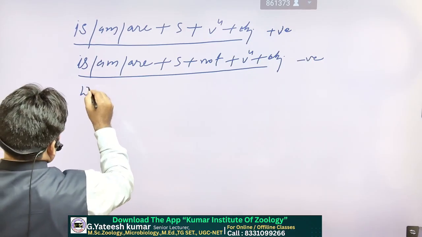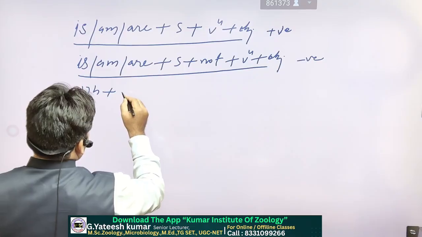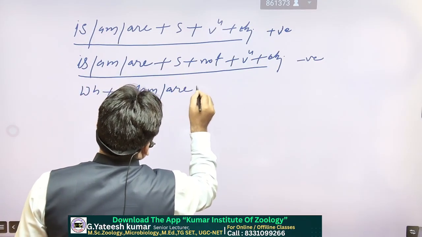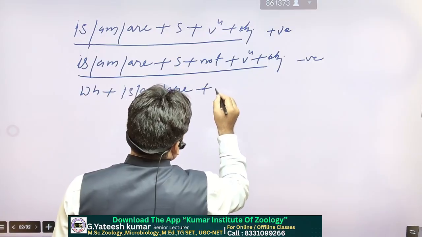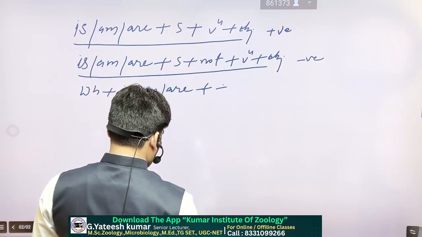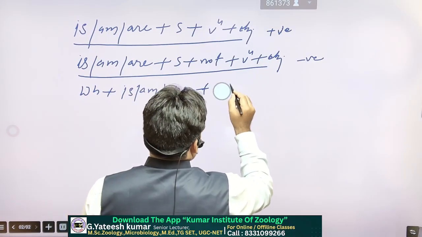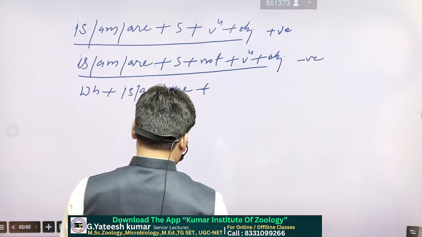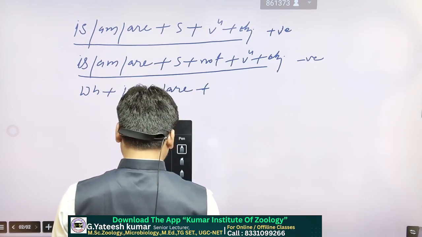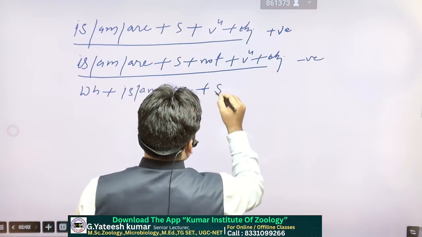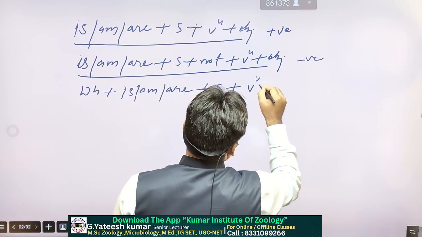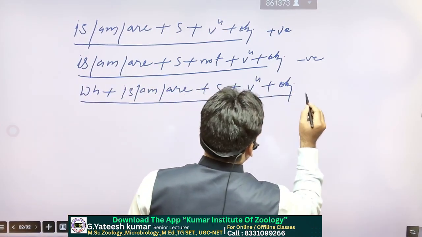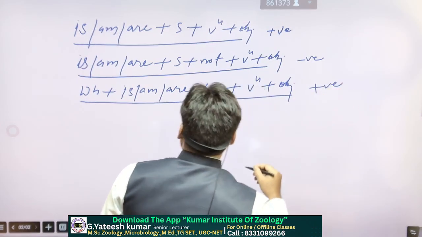Next we have WH questions. WH, then is/am/are as per subject, then subject, then ing form, then object. So this is our WH questions positive.